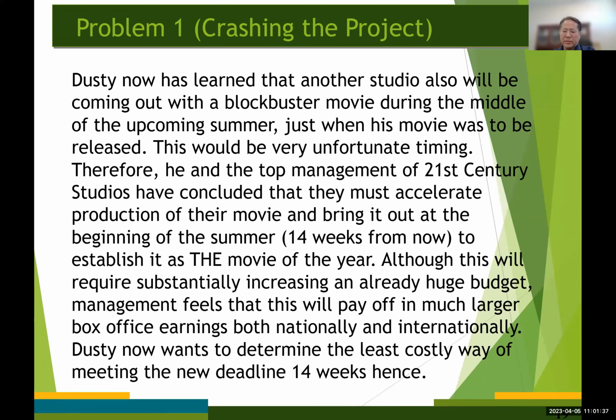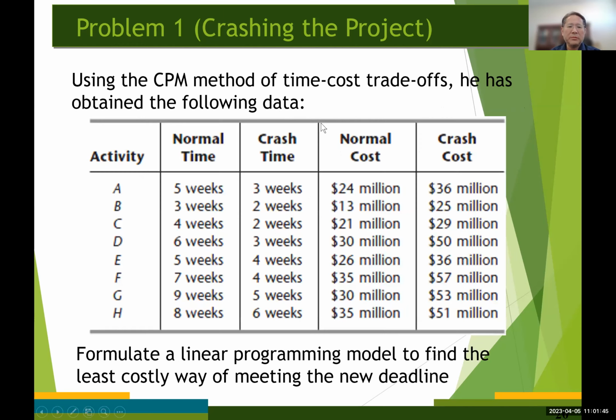Okay, so now using these given table values, let's compute the unit crash cost for each activity, which is the unit cost of reducing the duration of each activity.